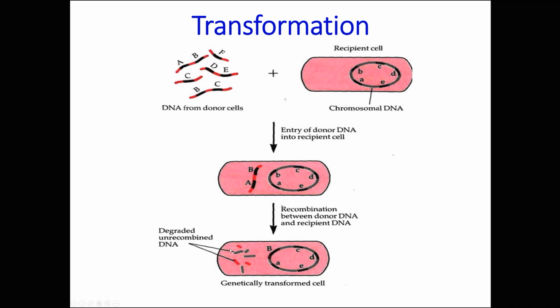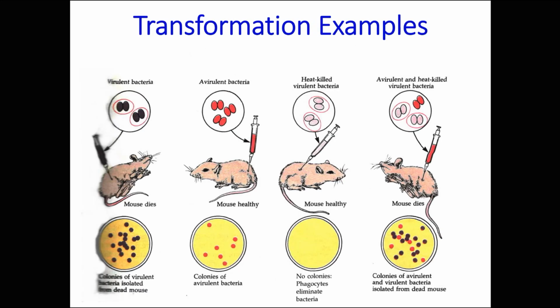The other part of the free DNA will be degraded unrecombined, and we can see the integration of donor DNA in the chromosome, this is group B. As a result, there is a genetically transformed cell.